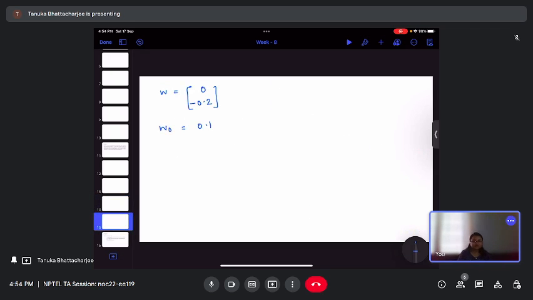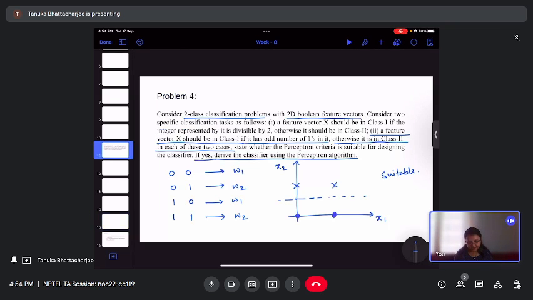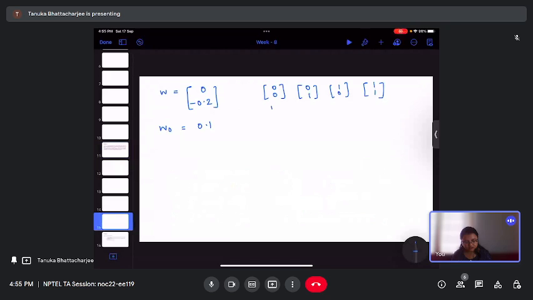Let us check whether we have obtained it correctly. So the feature vectors that we have are 0 0, 0 1, 1 0, 1 1, right? And these two are in one class, these two are in the other class.